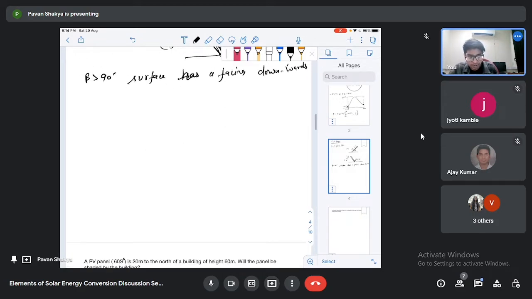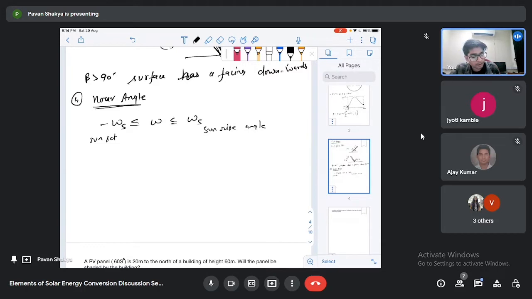Let's move to the other angle, that is the hour angle. I have explained more about this hour angle in the last class, so today I will only tell about the sign convention. This hour angle varies from minus omega s to plus omega s, that is from the sunrise angle to the sunset angle.